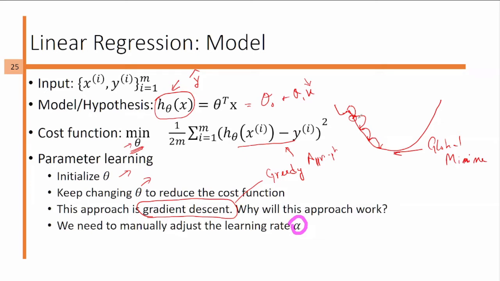If you take a very large step size, then we may miss the global minima. If you take a very small step size, then it will take a long time to converge. So when we are working with a linear regression model, this is one parameter that we need to set, the learning rate. So this is a very simple model.